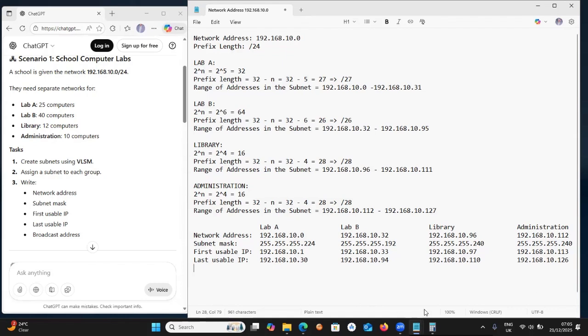Now, for the broadcast address, like we already know, the broadcast address is the last address.